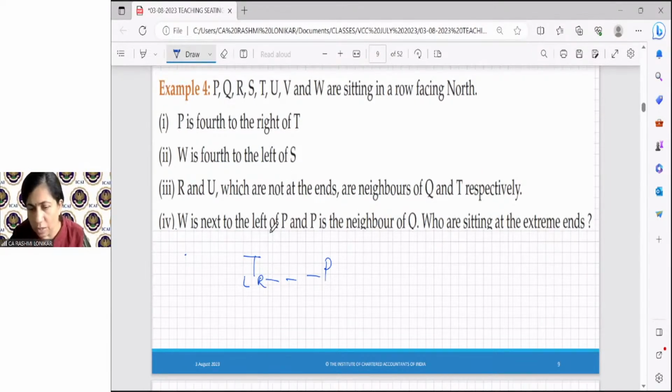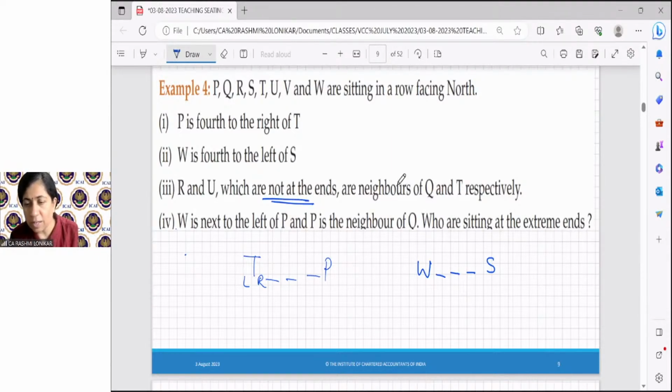Now this information is disjoint. I have S, and to the left of S, 1, 2, 3, W. W is fourth to the left of S. So I wrote down S and fourth will be W. R and U, which are not at the ends, are neighbors of Q and T respectively.